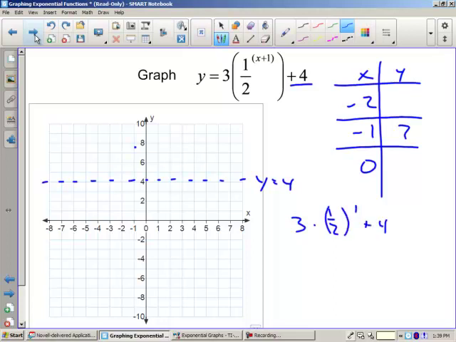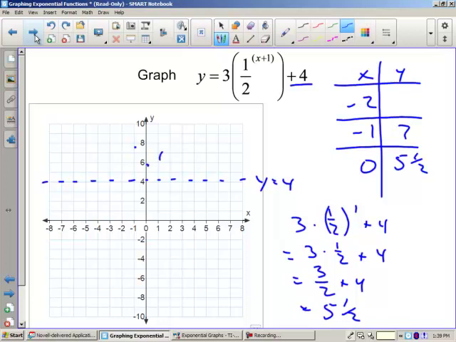Well, 1/2 to the 1 is 1/2, so I'm going to get 3 times 1/2 plus 4, which is 3/2 plus 4, which is going to be 5.5. And so when I put in 0, I'm going to get 5.5 as an answer.